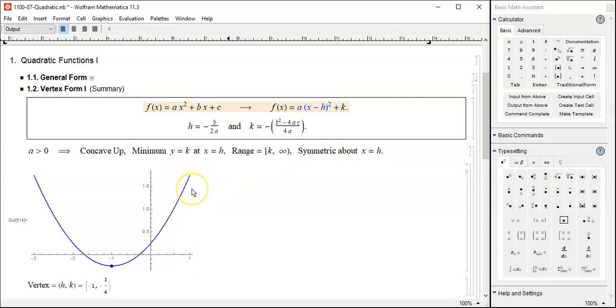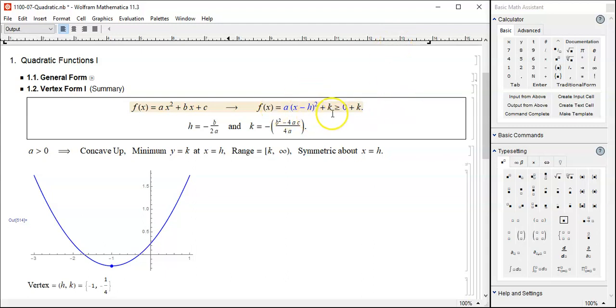So this whole thing is greater than or equal to 0 plus k, because the square is greater than or equal to 0.